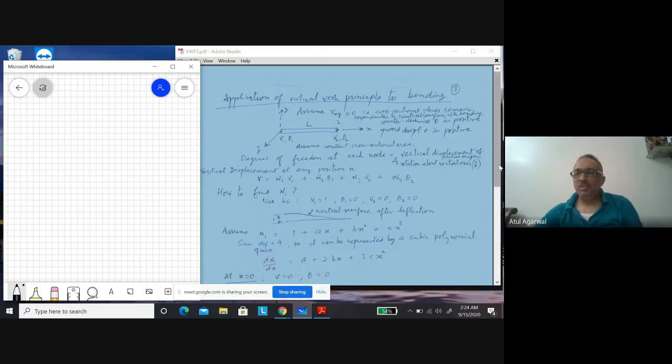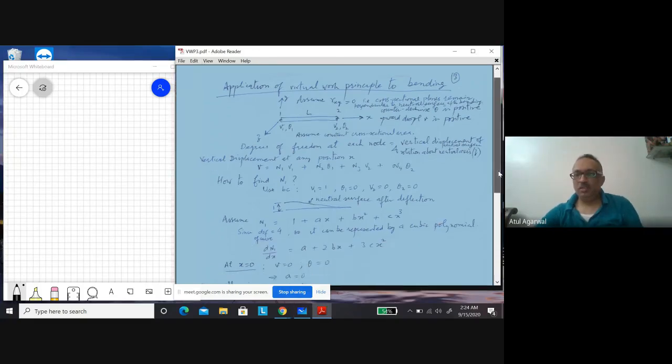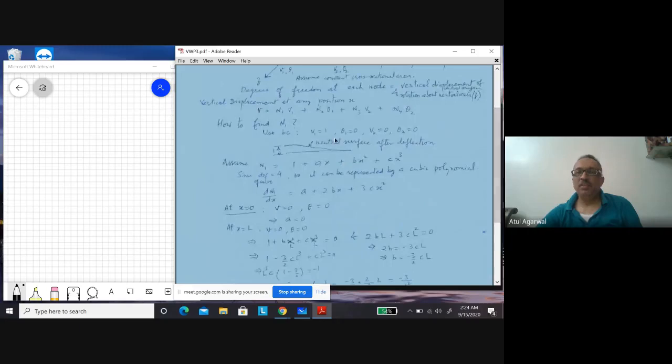You see we have got this information about this function. That is, this function has value 1 at x equal to 0. It has slope equal to 0 at x equal to 0. That is, slope of function N1 is equal to 0 at x equal to 0.